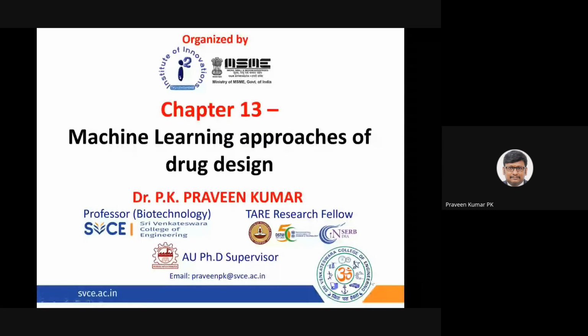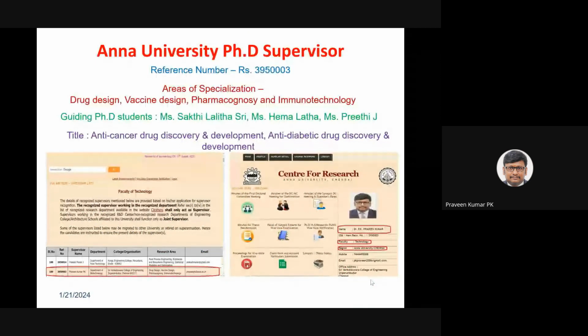Now let me take you to the new chapter called machine learning approaches of drug design. Just an introduction, like I already mentioned, I'm guiding some 3 PhD scholars on anti-cancer drug discovery and development, and also anti-diabetic drug discovery and development.